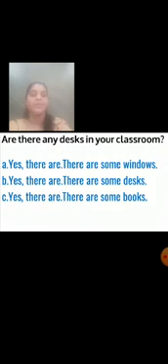Yes. C option. Yes, there are some books. The question is asking about books? No. So which option is correct? Yes, option B. That is yes, there are. There are some desks.